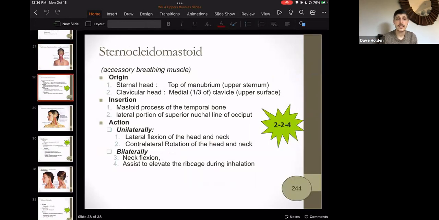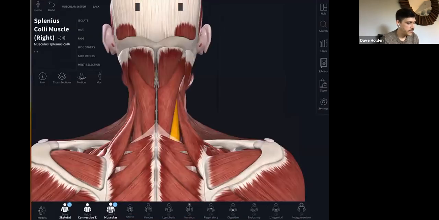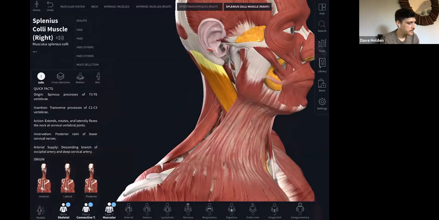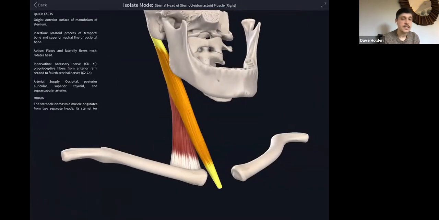The next muscle we're going to look at is the sternocleidomastoid. I love this muscle. Ooh, it's a good one. All right, this is another weirdo whose origin is below its insertion. So the origin starts on the manubrium of the sternum and the medial fourth or so of the clavicle.